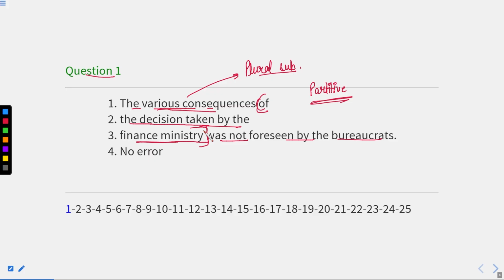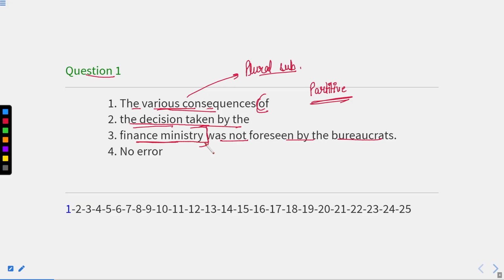It means these various consequences belong to the decision taken by the finance ministry. Therefore the decision taken by the finance ministry does not matter over here. What matters is the various consequences, that is the plural subject.